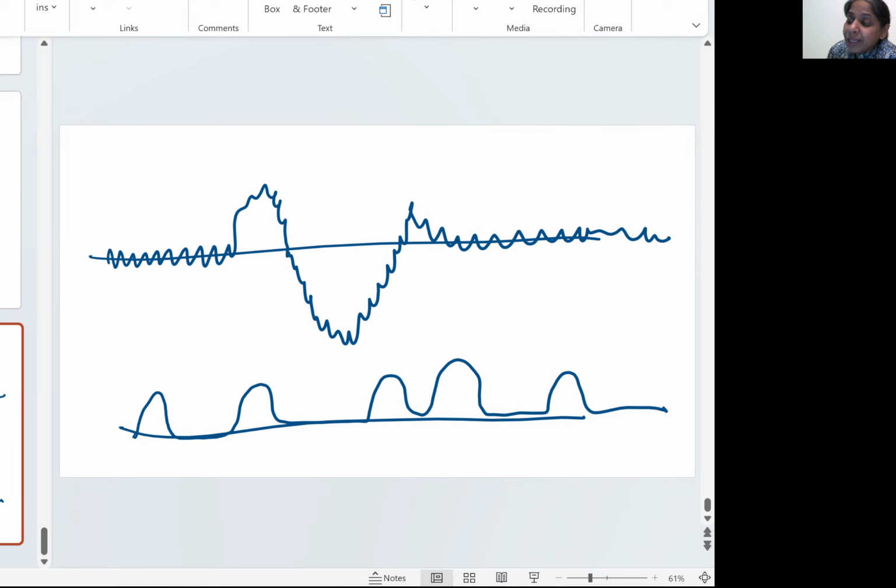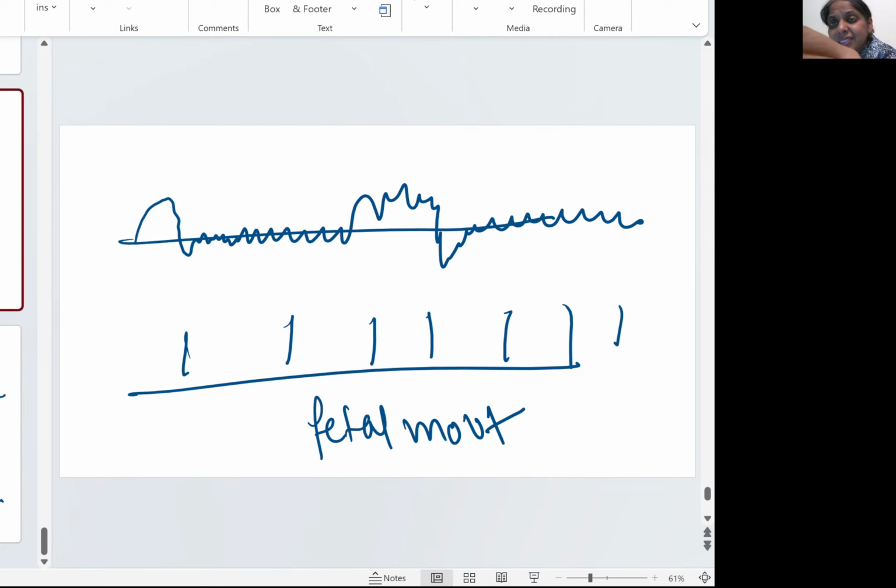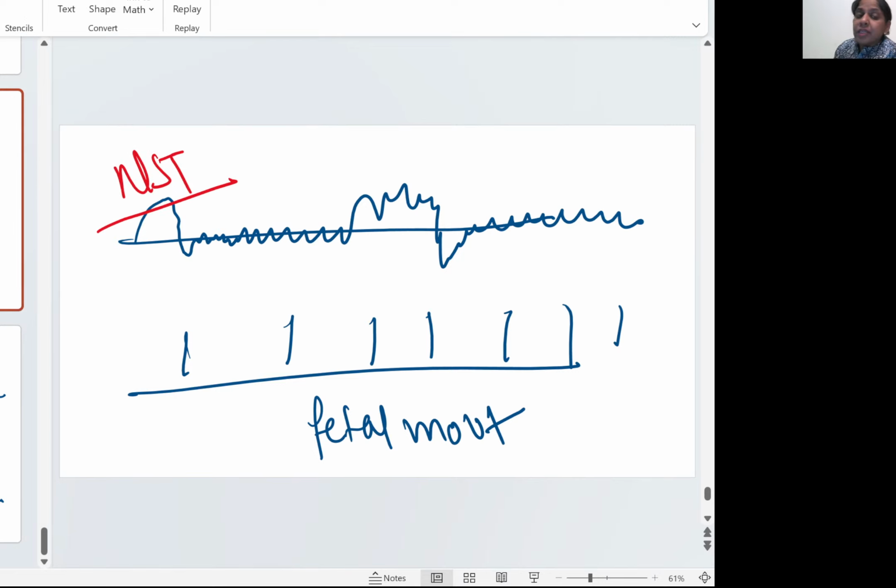Dr. Sumit, if fetal movements are written, then it is NST. Please see here carefully. This is NST. This is not CTG. See here, downward it is written fetal movements. Dr. Sumit, is it clear to you?